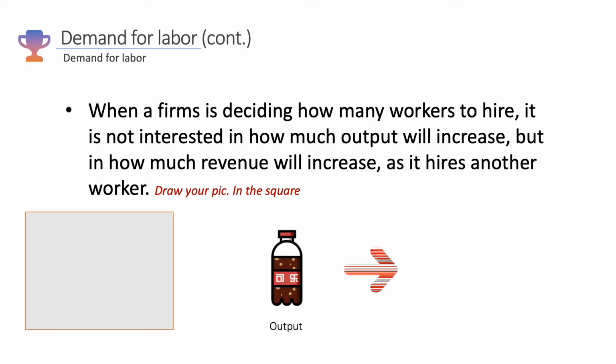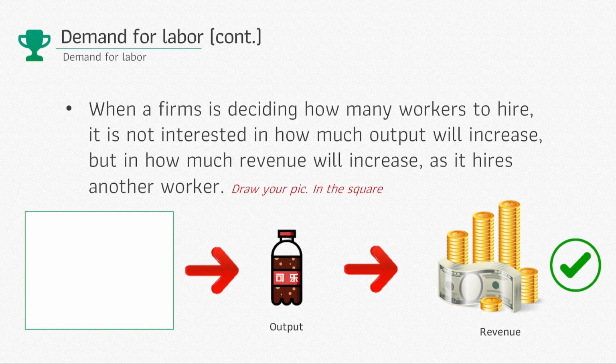Move on. Labor market. We have an employer. So the employer has demand for labor. And when a firm is deciding how many workers to hire, it is interested in how much output will increase. This is output. Worker is input.